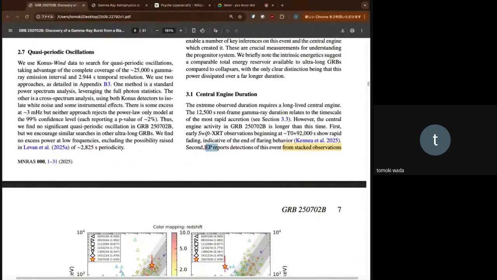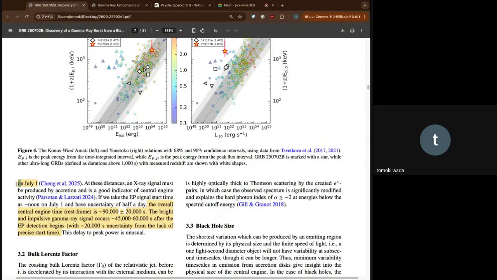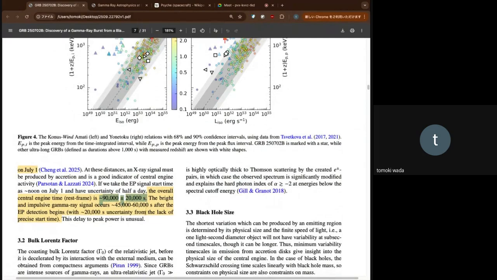Using Einstein Probe, they report a detection from stacked observations on July 1st. So if this gamma ray flare observed by Einstein Probe is a part of this GRB, the duration should be something like this.